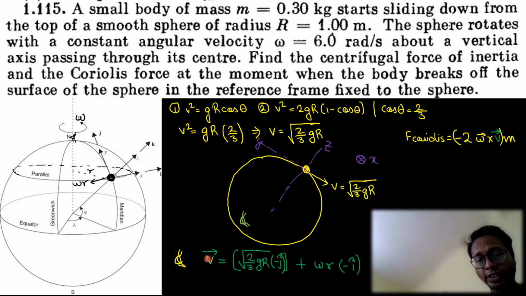So the velocity of the particle as seen by someone sitting on the sphere, and the sphere is itself rotating with angular velocity omega, is nothing but minus root 2 by 3 gr j cap minus omega r i cap. Understood? This is the velocity of the particle as seen by someone sitting on the sphere, that you have to substitute out here. Understood?